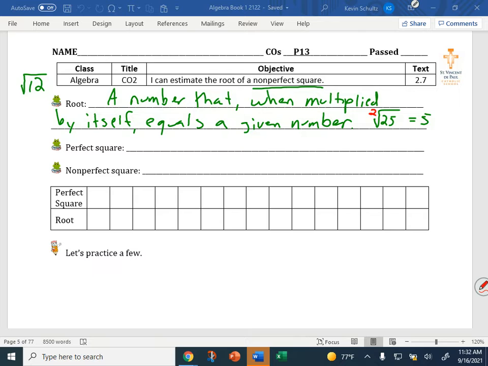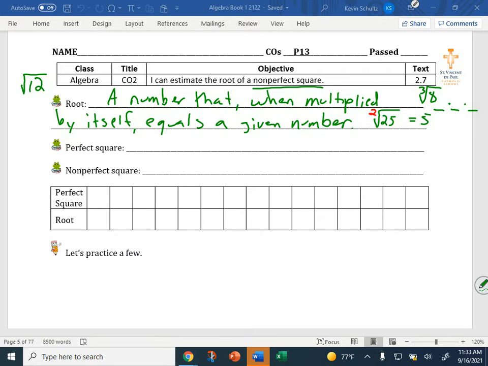But what that leads us to is that there are other types of roots other than just square roots, okay? If I ask you for the cube root of 8, what I'm asking you for is what number cubed equals 8?